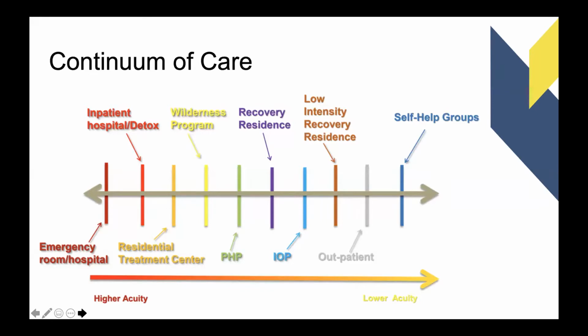Here, again, we're looking at the continuum of care, on one end of the continuum there's the higher acuity of the emergency room and hospital, looking at inpatient and hospital in a detox, going to a residential treatment center. Some places offer a wilderness program.